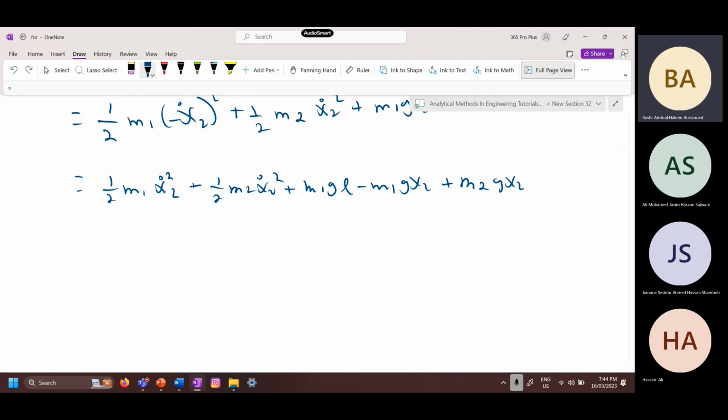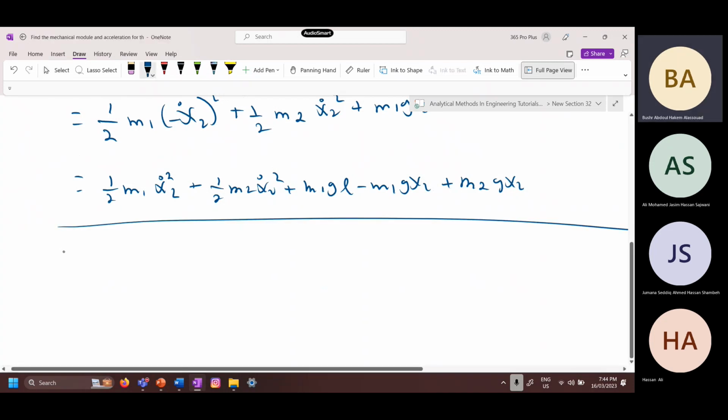Now apply the Euler-Lagrange equation. So partial L over partial x2 is going to be equal to negative m1 g plus m2 g. You can take g as a common factor, so you get g (m2 minus m1).